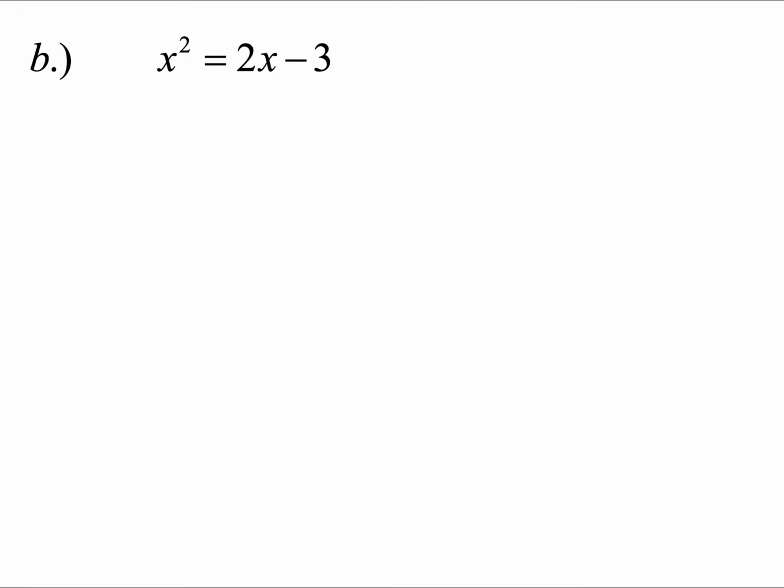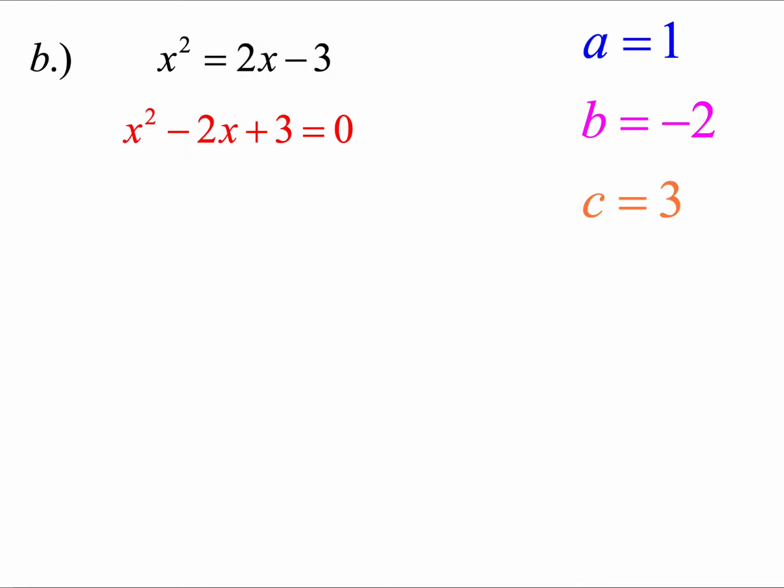B. x squared equals 2x minus 3. Rearrange to get x squared minus 2x plus 3 equals 0. So a equals 1, b equals minus 2, c equals 3. Put into the equation b squared minus 4ac.